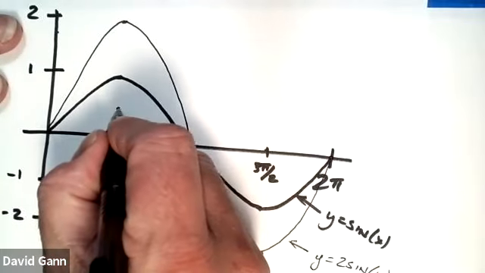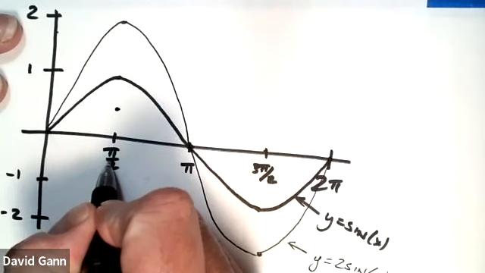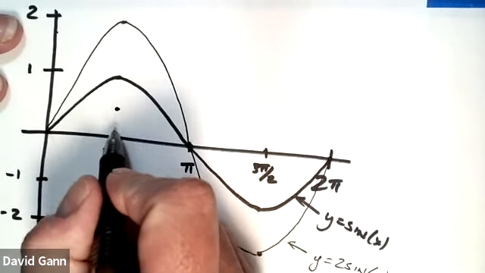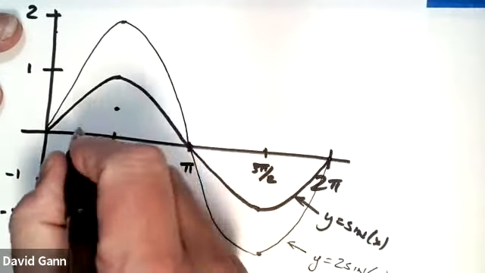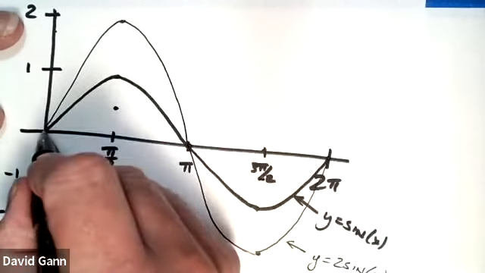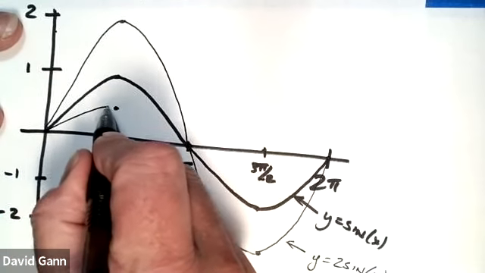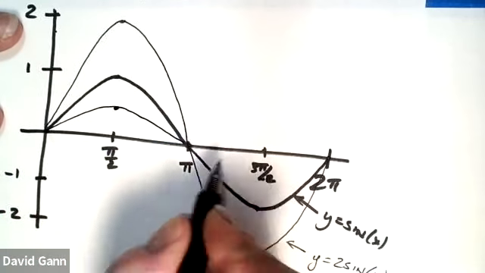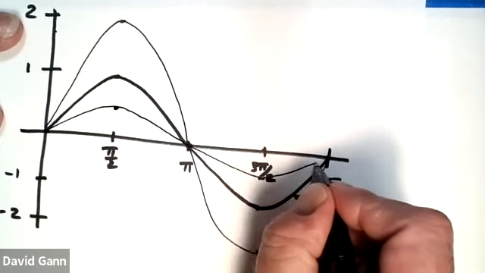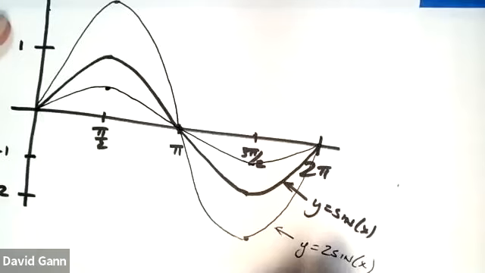And so at pi over 2, sine of pi over 2 is 1, so 1/2 times 1 is actually 1/2. Similarly, for 3 pi over 2, we'd sort of split the difference, and we end up with this sort of shallow graph that has been shrunk in some respect.